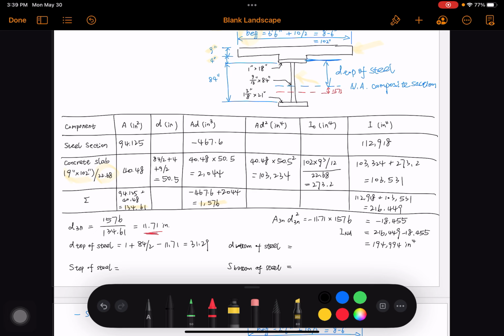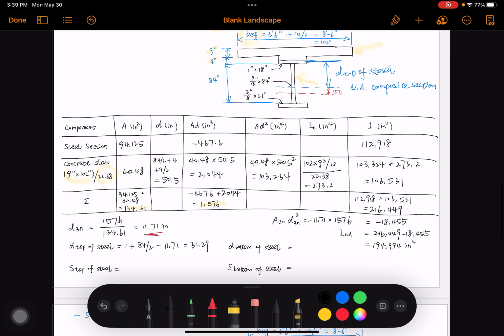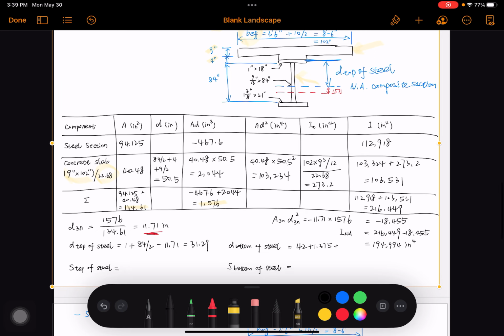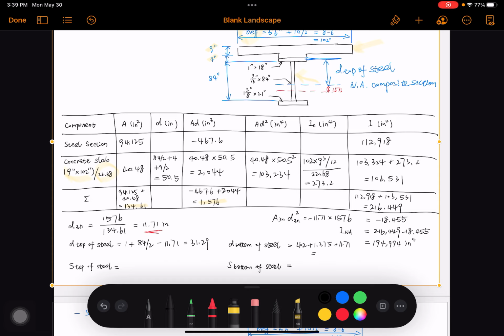Now the bottom of steel is 42 plus 1.375 plus 11.71, equal to 55.085 inch.